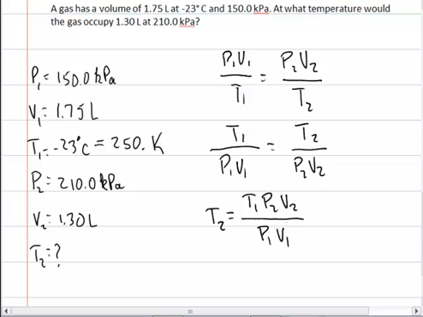Now, let me also say that some of you may want to solve algebraically like this. I prefer that method, but there's no reason why you have to. Some people like to just plug in the numbers and go, and you can do that. Just be careful of the significant figures when you do that. If you start solving things and rounding, you don't want to use rounded numbers in your calculation.